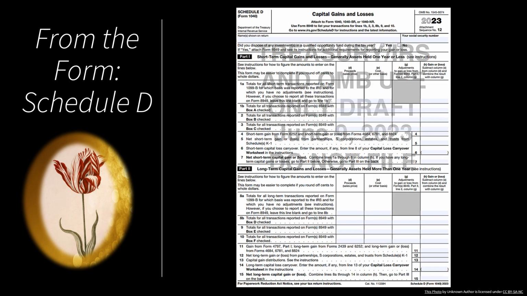And then once the transactions are totaled on the Form 8949, they flow onto Schedule D, where we just have a couple of columns for the proceeds and the cost. And here again, you can see we have a Part 1 and a Part 2 that divides out our short-term capital gains and our long-term capital gains.